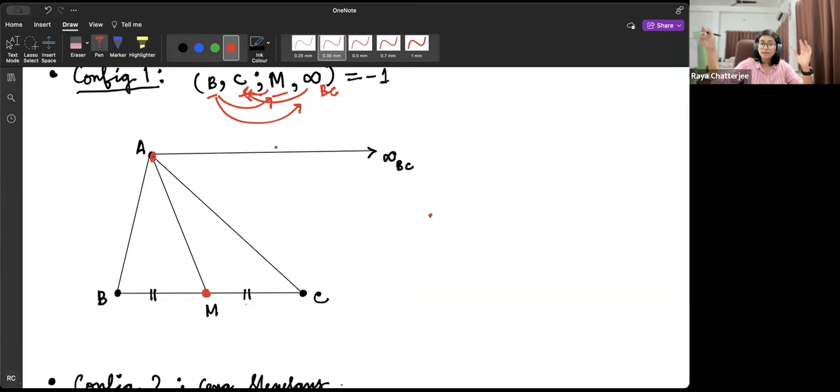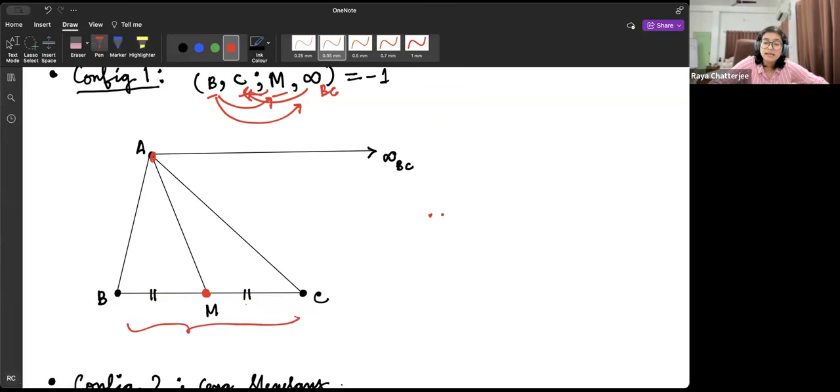And B infinity by infinity C, since I'm taking the point at infinity, those lengths are not really relevant here. So we can just assume that B infinity and infinity C are equal because this is a finite length, no matter how large it is. So that is also equal to 1.